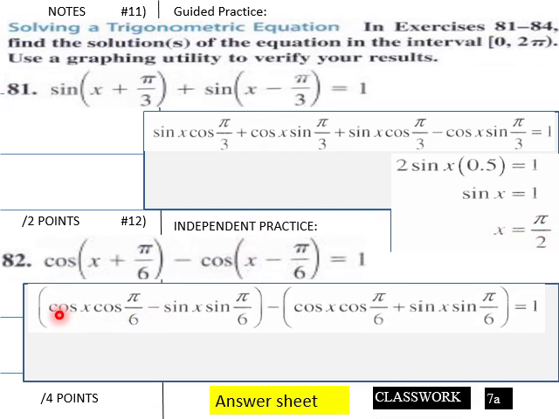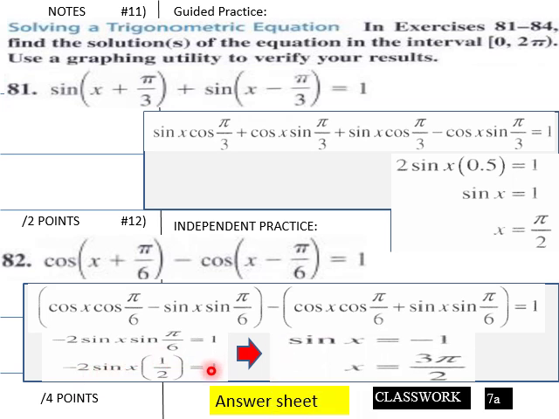And then down here, we expand these out using our difference formula into these two factors. We combine like terms, and we end up with negative 2 sine x sine pi over 6 equals 1. Sine pi over 6 equals 1/2.